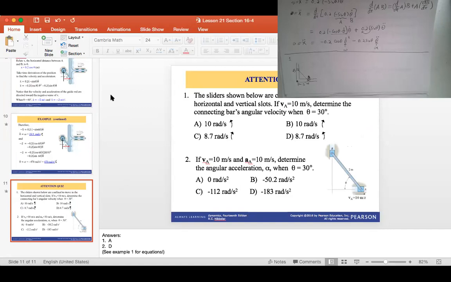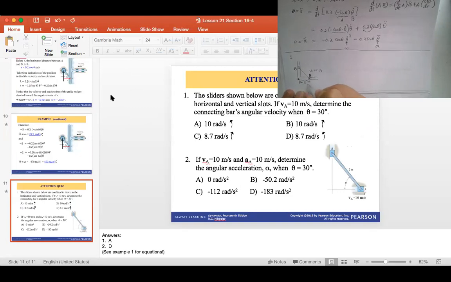All right, but basically, because A is given V as 10 at this instant, we can take the position of A as the variable, and then we can define this angle to be theta. As A goes in this direction, this guy is going down. So that's the direction of B we can determine. So this angle is rotating in the counterclockwise direction.